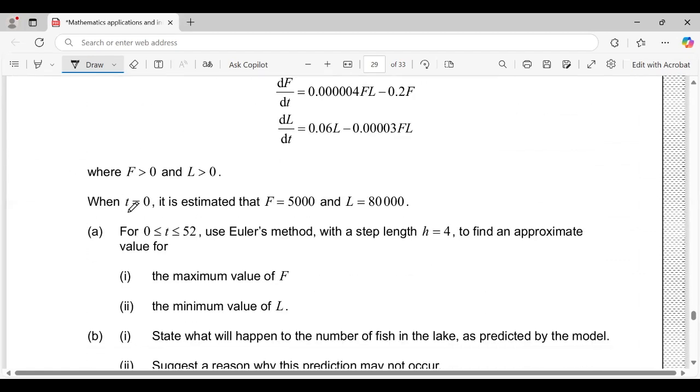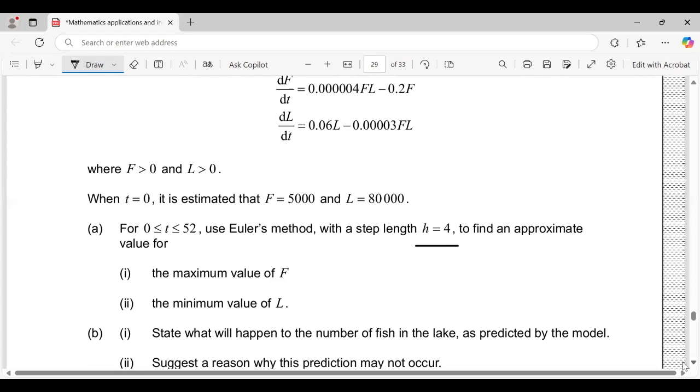When t equals 0, it is estimated that F equals 5,000 and L equals 80,000. For the interval 0 to 52, use Euler's method with a step length h equals 4 to find an approximate value for the maximum value of F and the minimum value of L.